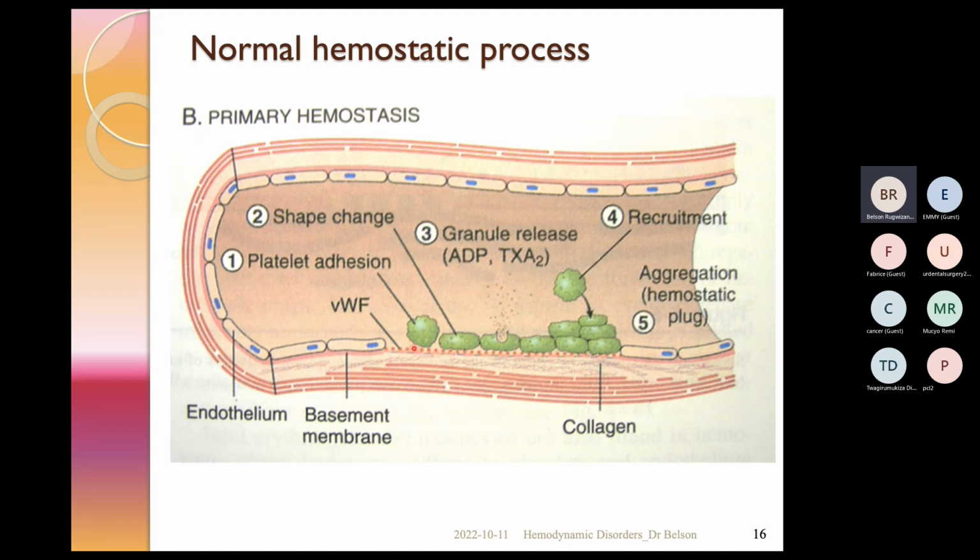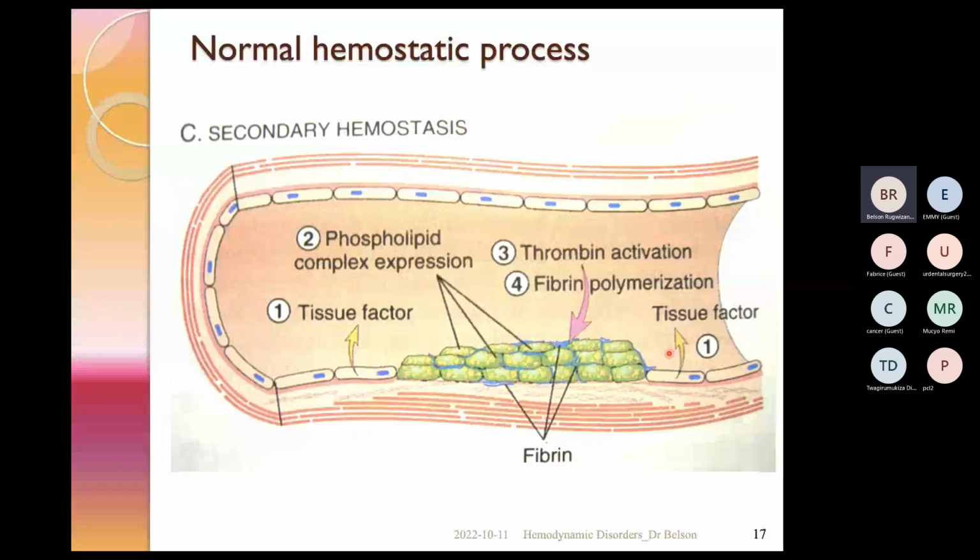But in normal conditions, or let's say physiological condition, there will be just a small blood clot, and after few maybe hours or days, this will be replaced by the endothelial cells. So that was the primary hemostasis.